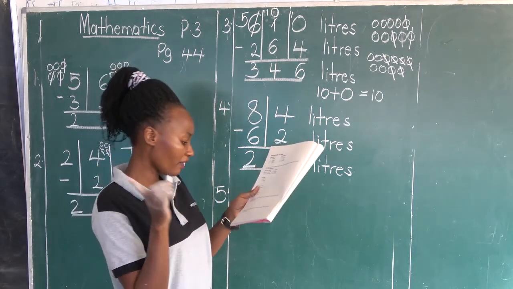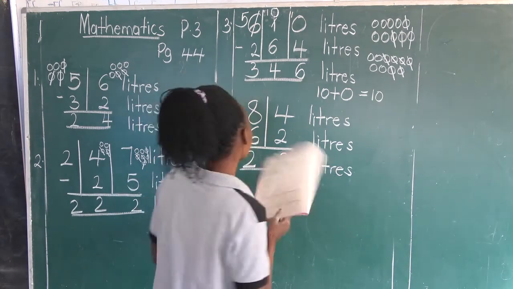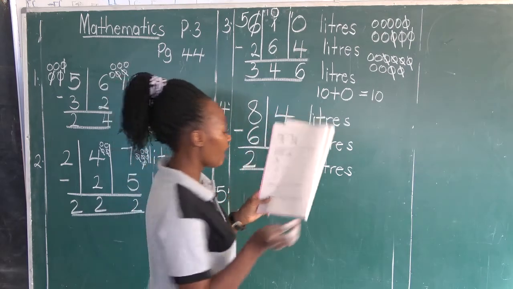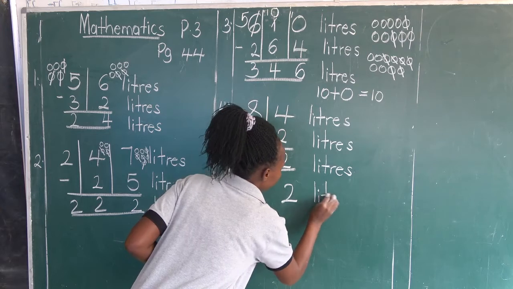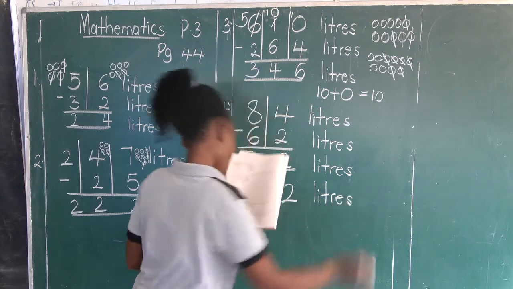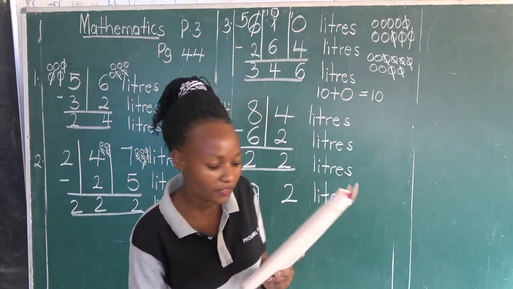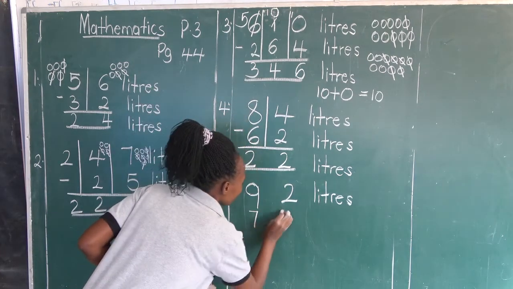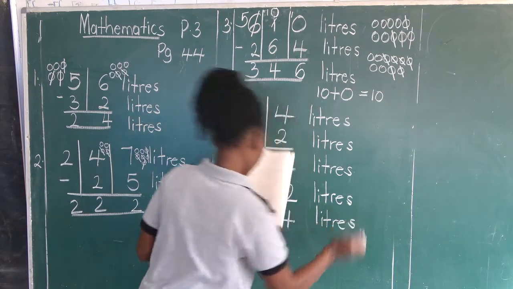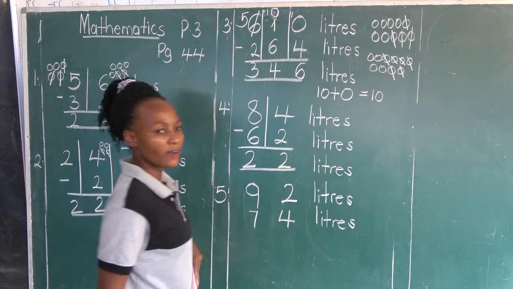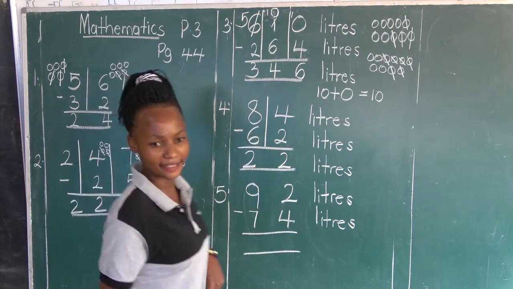Takembo filled his car with 92 liters of petrol. If he used 74 liters of petrol, how much petrol was left?